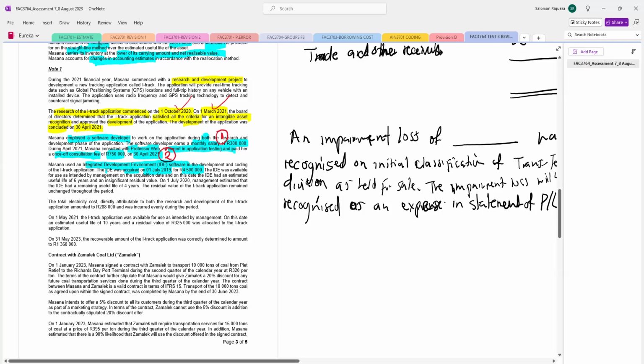The IDE was available for use as intended by management on acquisition date, and on this date, the IDE had an estimated useful life of 6 years and an insignificant residual value. Then on 1 July 2020, so that is basically a year after, management estimated that the IDE had a remaining useful life of 4 years. So they changed the useful life just a year after.